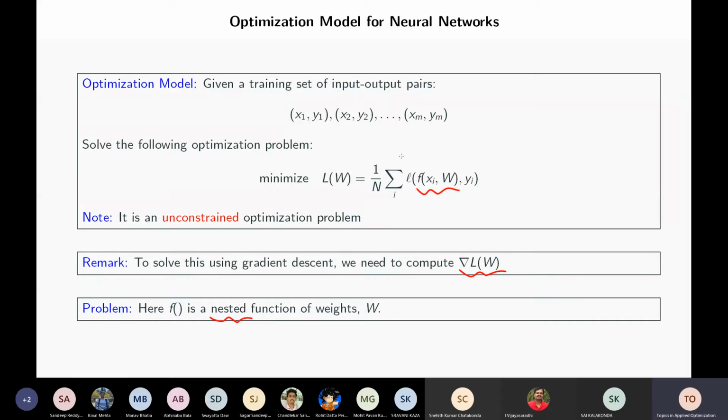So computing the derivative of L(W) with respect to the weights, that is computing the gradient, won't be that easy because of the nested nature of the function. So the main difficulty in neural networks is that even though it's not a constrained problem, computing the gradient is the main challenge here.